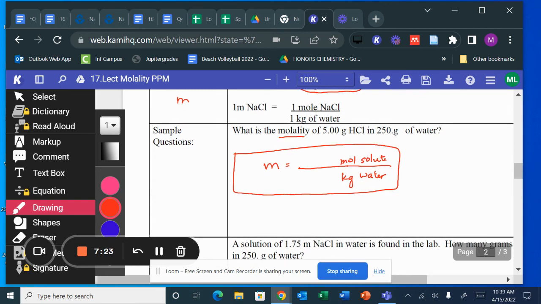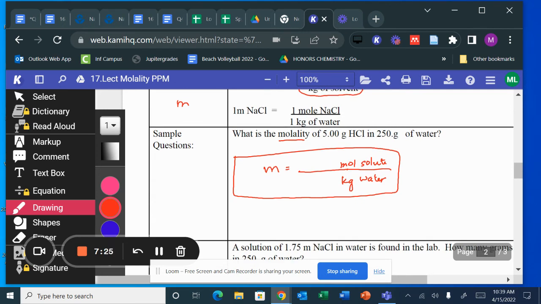Okay, so in this case, you have 5 grams of HCl, and I will change that to moles. So 5.00 grams of HCl. 1 mole of HCl is, I believe it's 36.46 grams.